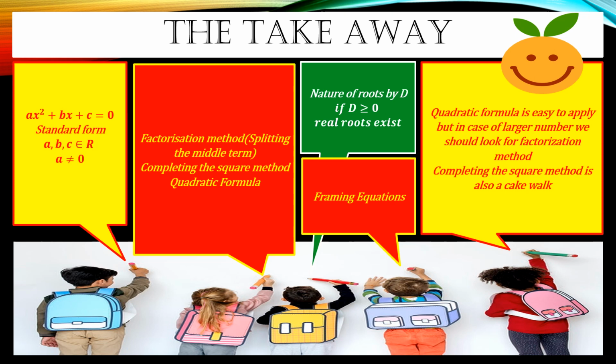And also the major takeaway was that the completing the square method is also a cakewalk. It is not as complex or difficult as it seemed to be. So we also learned a trick for the same, this completing the square method. So these are a few takeaways from this chapter, which will depend on person to person. What we learn depends on each individual.